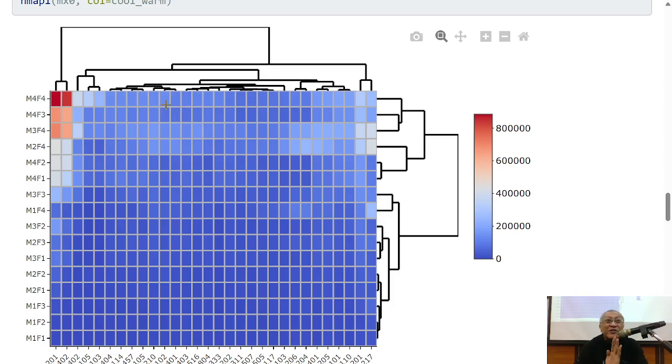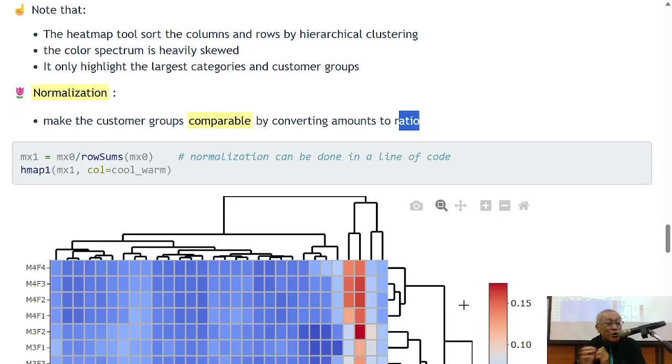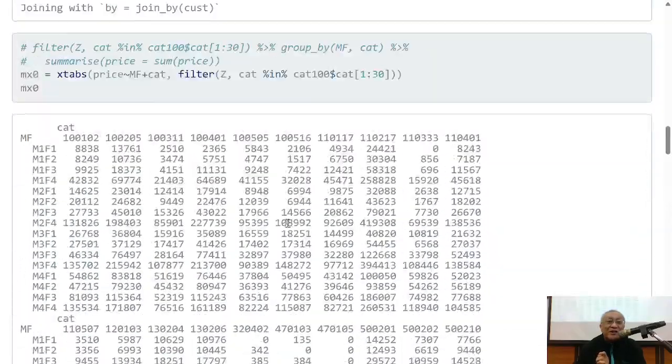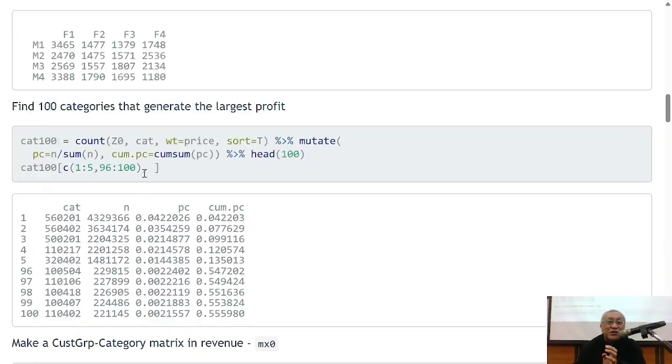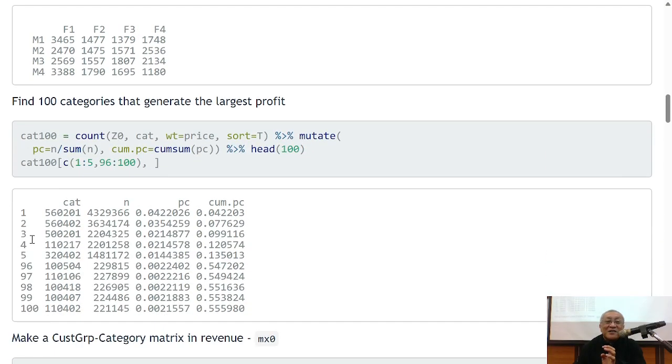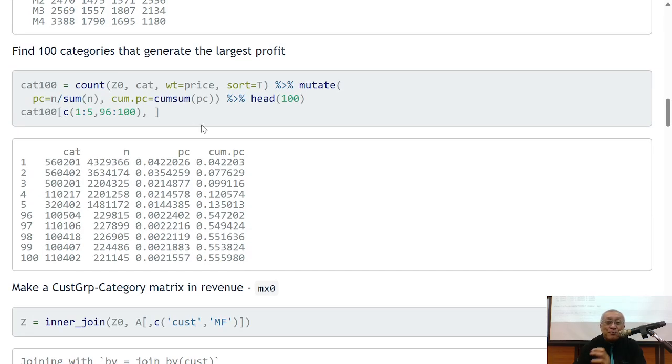So this is a very important concept that I want to cover in this notebook. Okay. First of all, we can divide the customers by their buying frequency and buying amount, and then we can pick up the category that generated the largest profit, okay?